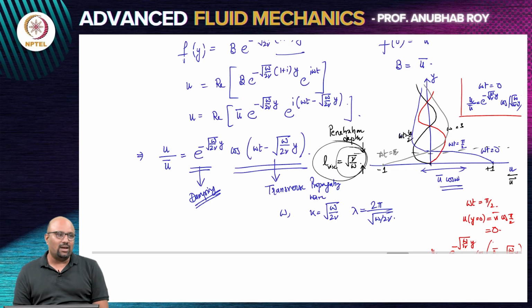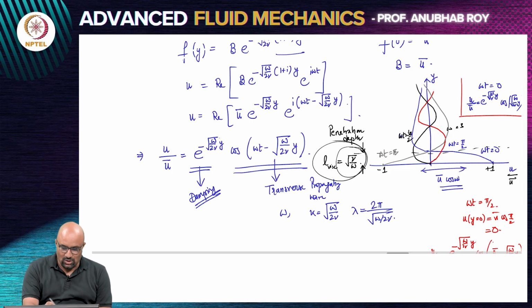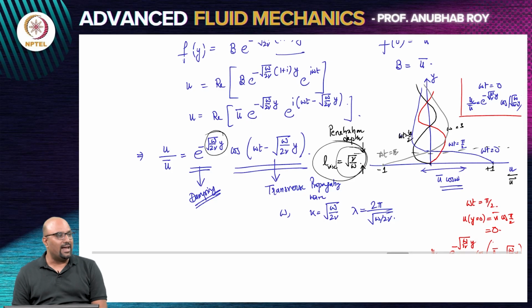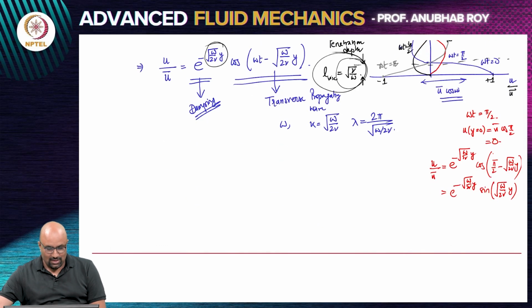Beyond that there is nothing very significant, because, as you can see, it is an exponential damping that is occurring. So there is a length scale in this problem which tells you the amount that momentum gets diffused. And this is quite useful in a lot of different settings.